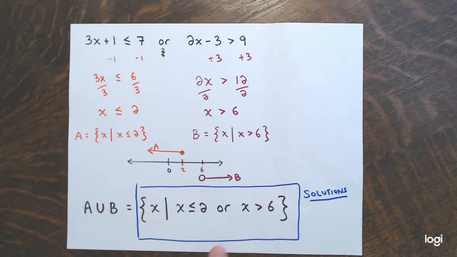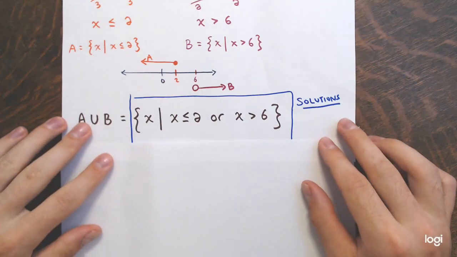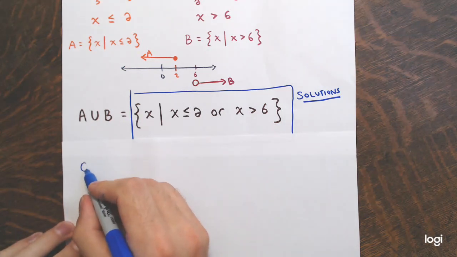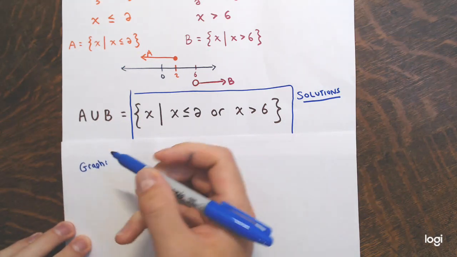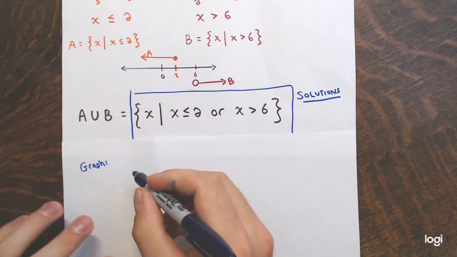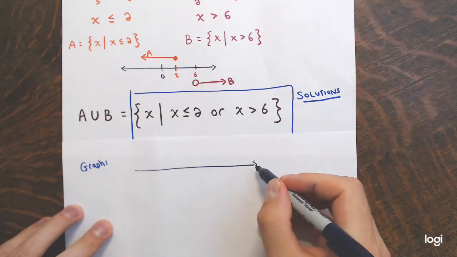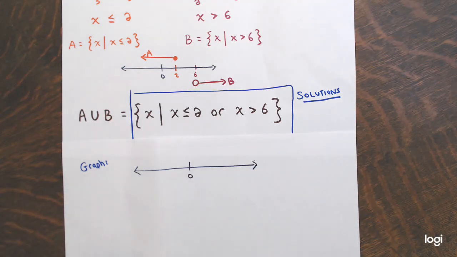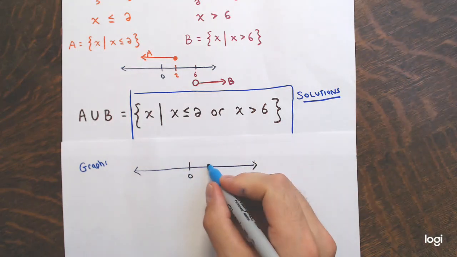All right, so there's the set builder notation for our solutions. And then again, we're asked to make a graph of the solutions and also write the solutions in interval notation. You're going to see that this is pretty similar to my first example. Here's the real number line, with 0 somewhere, and all the numbers less than or equal to 2 are in the union.